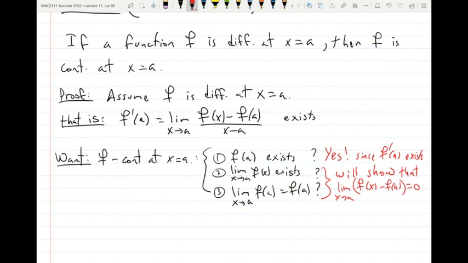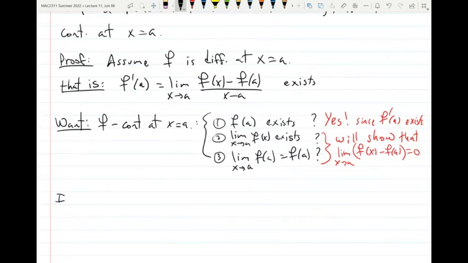When x is very close to a, this function is very close to 0, right? But if this is very close to 0, that means that f of x is going to be very close to f of a. You understand this? So by doing this, I'm answering 2 questions. I'm answering that the limit of f of x exists because it gets close to something. What does it get close to? f of a. So I'm answering question number 3 as well. So 2 and 3, I'm packing those into this limit. Why? Because this is easy to argue with what we have. Now it's pretty straightforward.